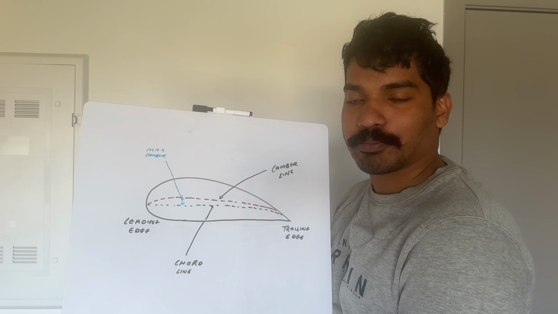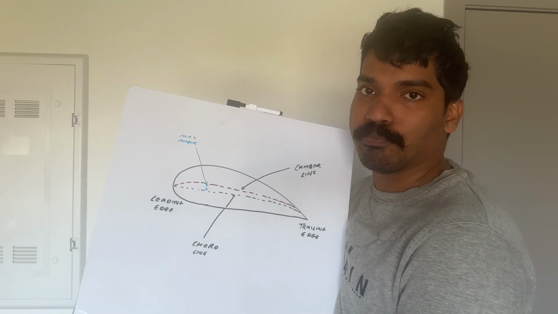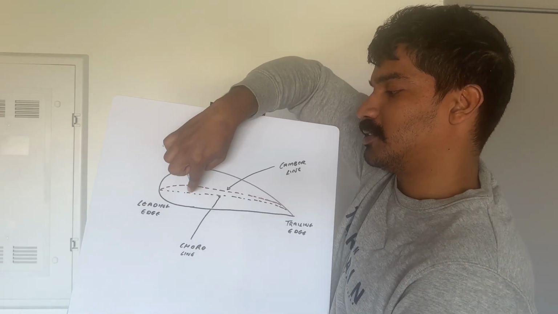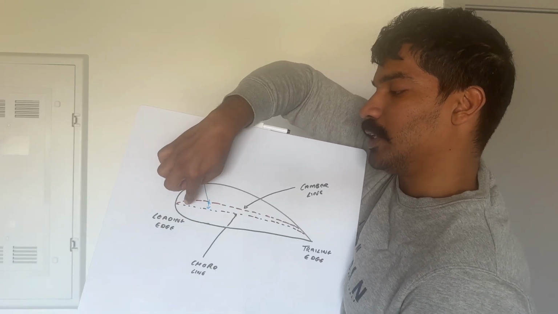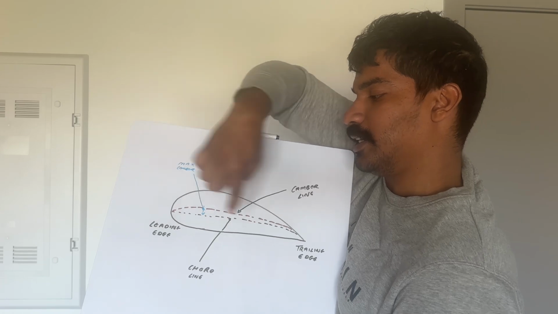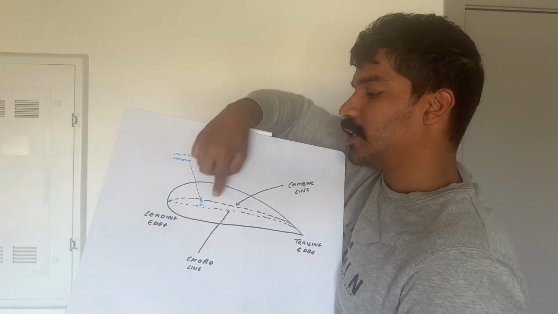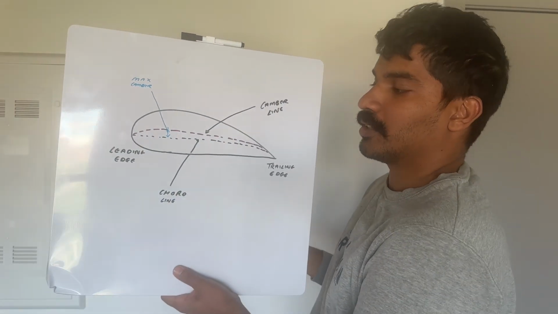Now there's another concept called max camber, right? Max, C-A-M-B-E-R, maximum camber. It is this blue thing. It's the distance between the chord line, which is this black line from the leading to the trailing edge, to the camber line. This small distance is the max camber.